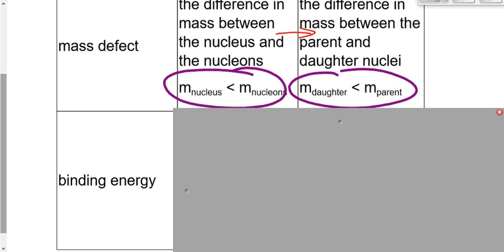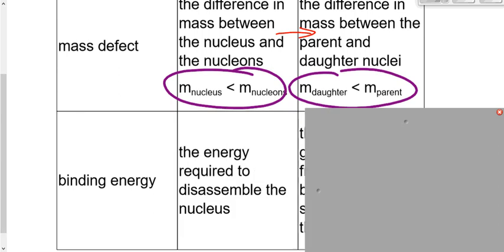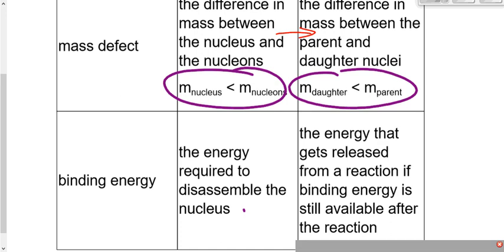Now, in the context of a single nucleus, it's kind of a weird definition, but I wouldn't lose too much sleep over binding energy in the context of a single nucleus. What's more important is the definition of binding energy in the context of a reaction. It's the energy that gets released.